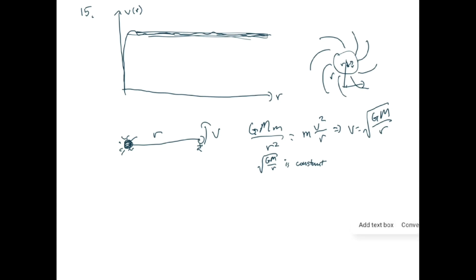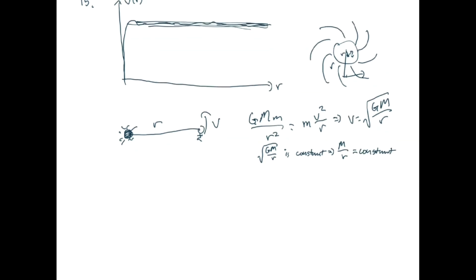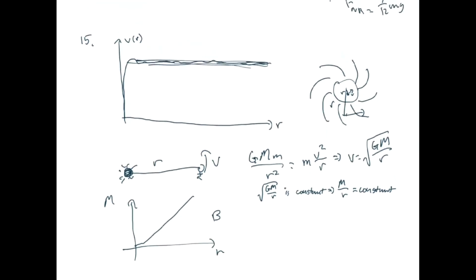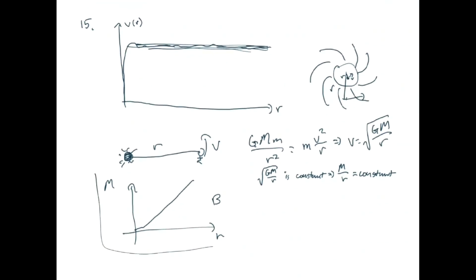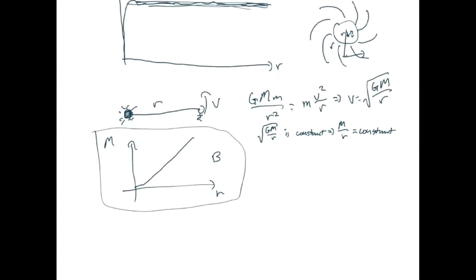That's always a constant, which means that M over r has to be a constant. So what will happen if you graph mass as a function of radius is that you'll get something similar to a straight line. So that is answer choice B, and that's what was originally accepted as the correct answer.